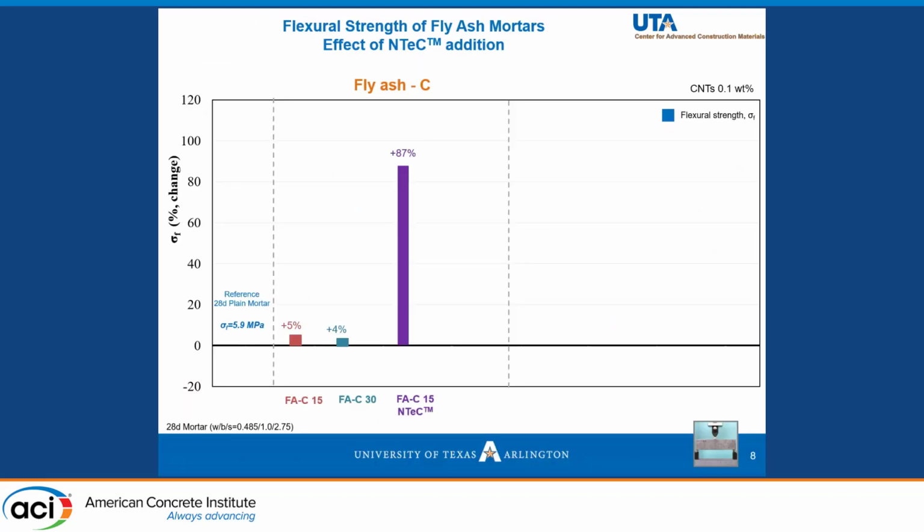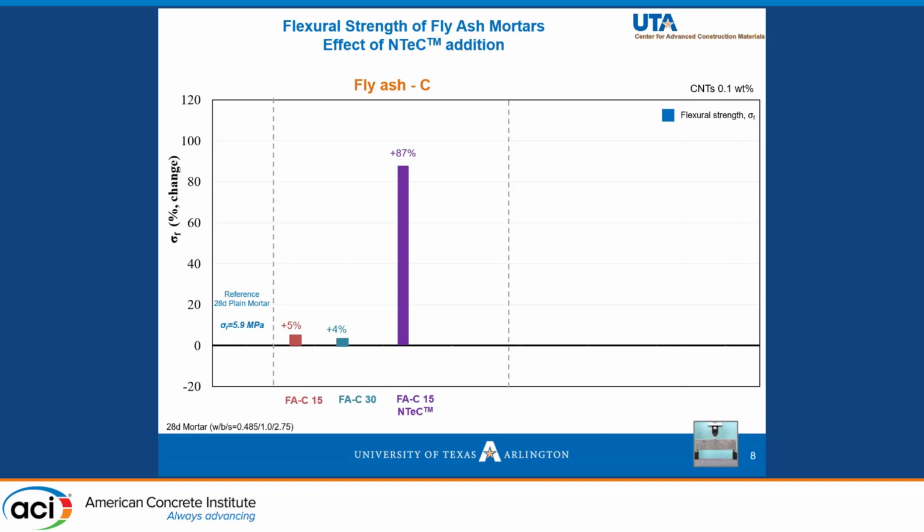In this slide, I'm showing the percent change in flexural strength of fly ash mortars compared to the plain mortar with no fly ash substitution. As we discussed earlier, only a small change and probably no impact was observed when fly ash C, 15 and 30%, was used as cement replacement.